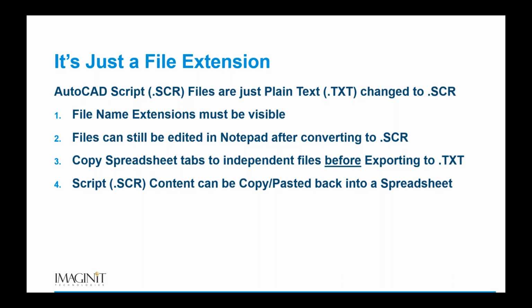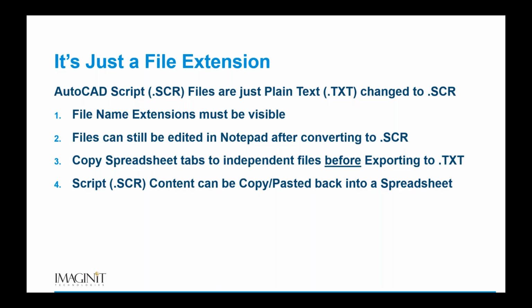You're going to see a little red box with SCR on the bottom, and that's all it needs to be. When you're using this, again, if you are exporting it out from a spreadsheet with multiple tabs, I would recommend exporting that particular tab out first so that only that one gets converted. Otherwise, the whole file gets converted to a .txt and it might mess up some of the functionality that you've got in there.